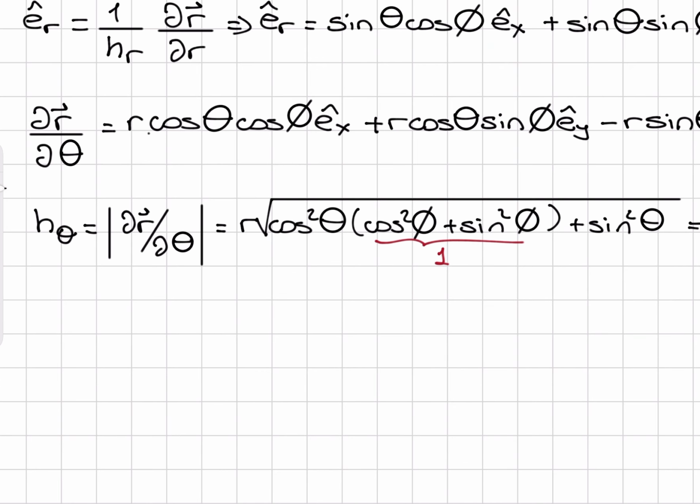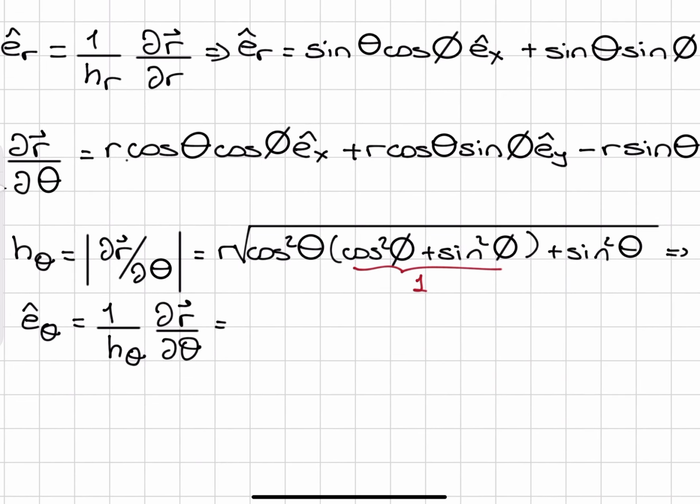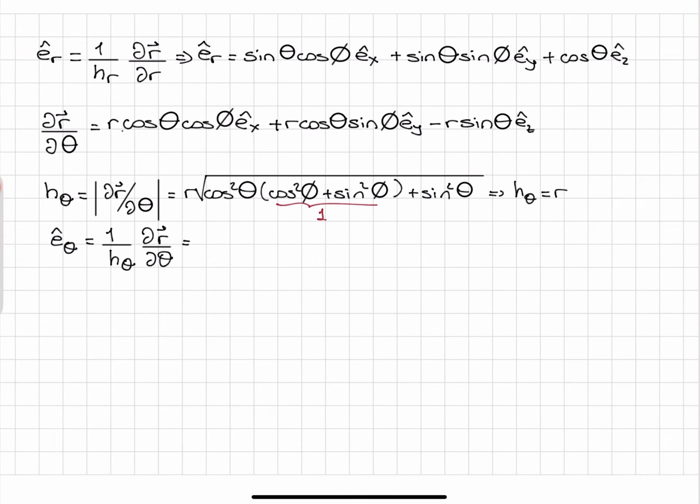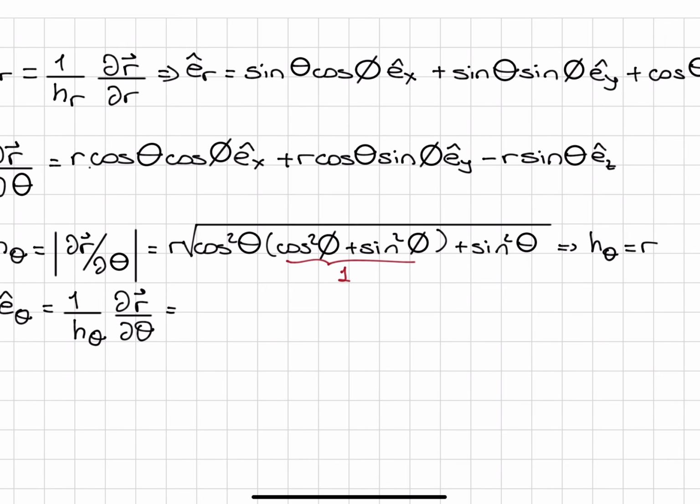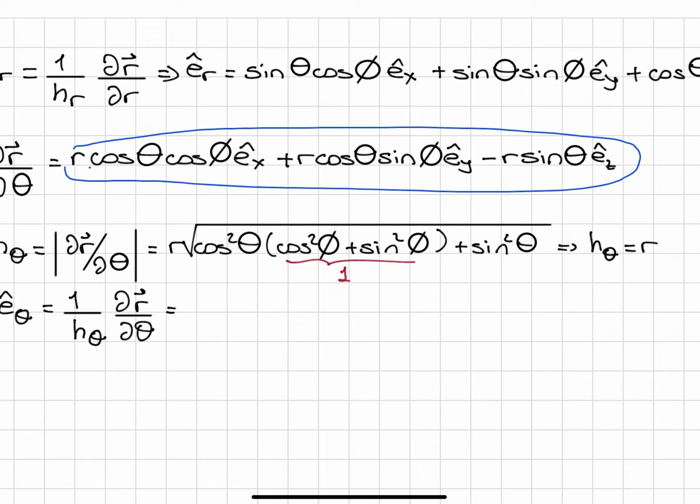So I'm ready to write the unit vector e theta hat. It is 1 over the scale factor h theta del r del theta. So all I have to do is take del r del theta here and divide it by r. So I'm going to have this divided by r.